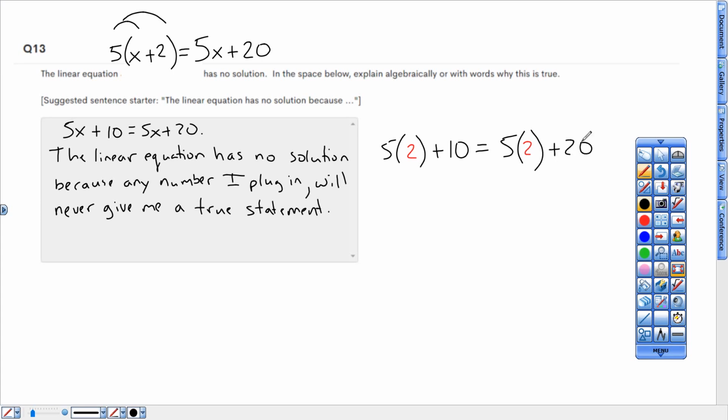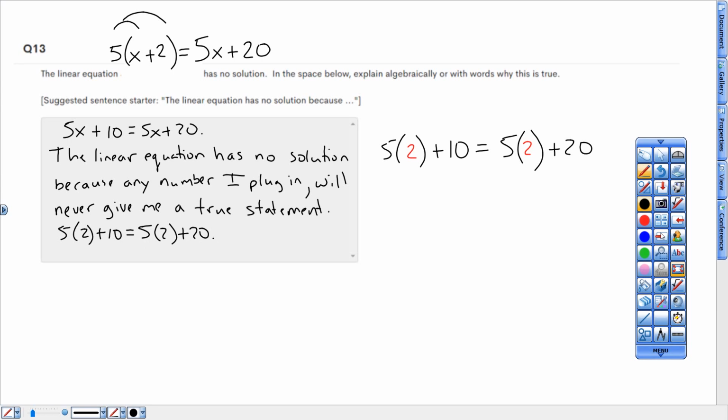That will never give you a true answer, because one side I'm always adding a different number than the other. So maybe you could write that in your math explanation. Plugging in a number like 2 will not work, because on one side I'm adding 10 after I'm timesing 2, and the other side I'm adding 20, maybe something like that.